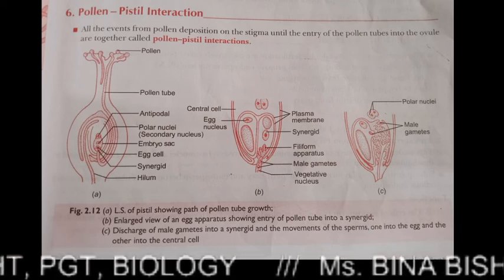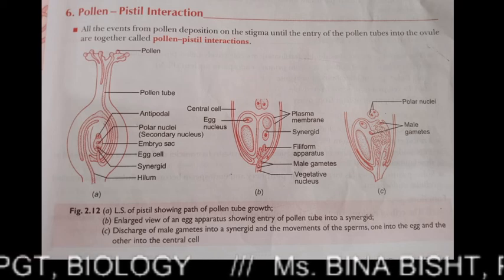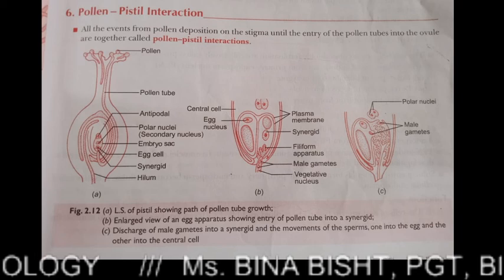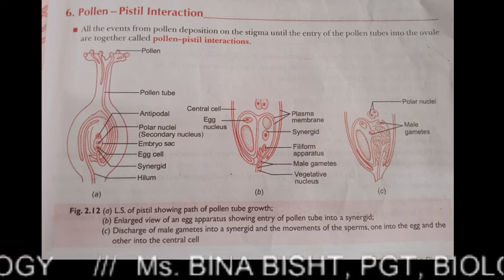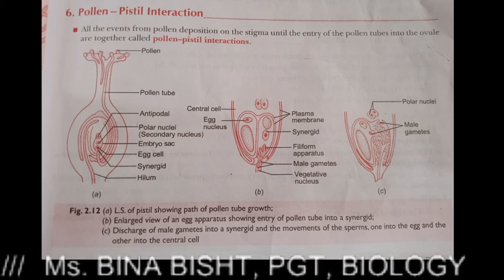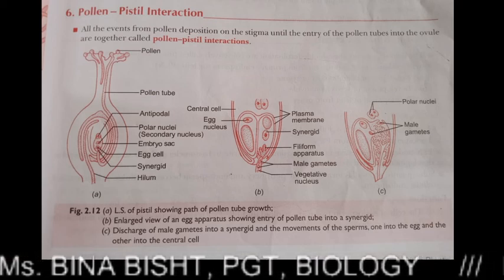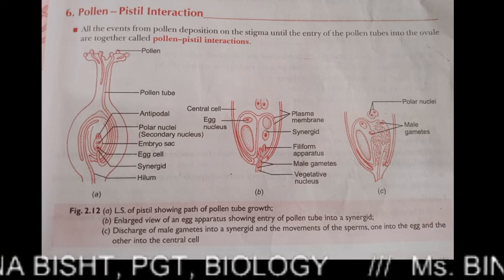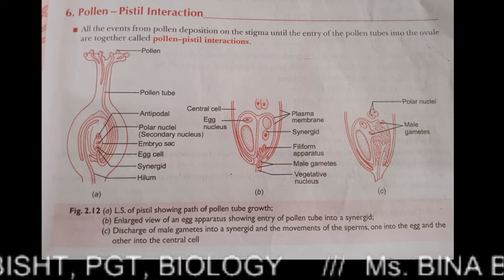It is found in all cucurbit plants. From the ovule, the pollen tube enters through one of the synergids of the egg apparatus. The most important function of the synergid is that it guides the pollen tube to release male gametes, which fertilize the egg.